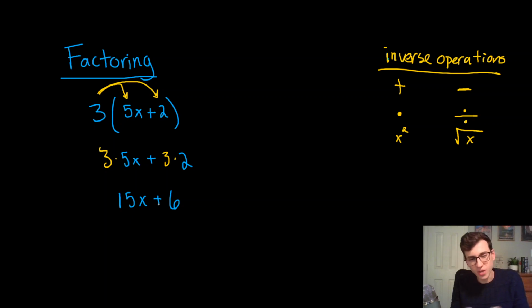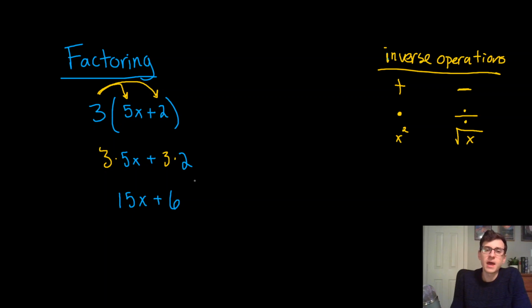Now, factoring is the opposite of that. So instead of multiplying something in, I'm trying to divide something out. So how can I figure out what to factor out of 15x plus 6?